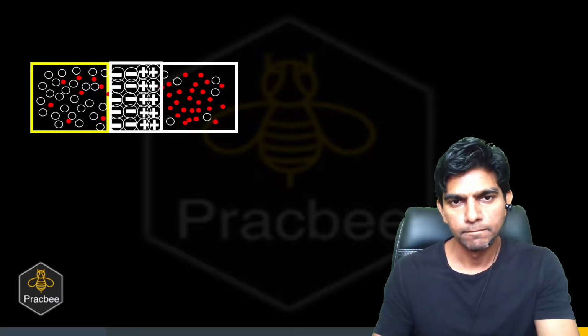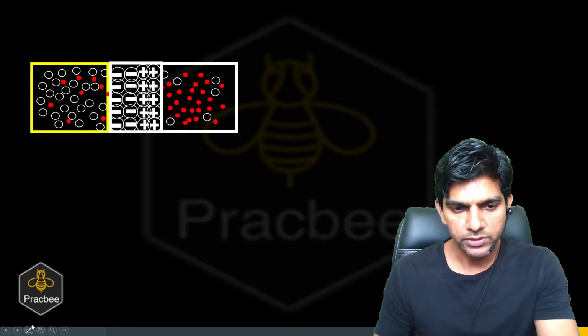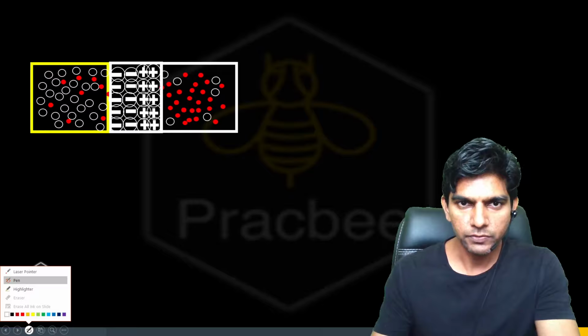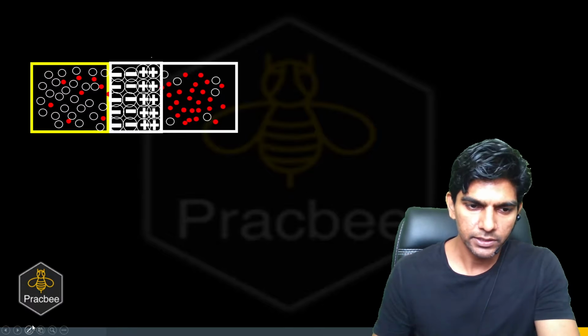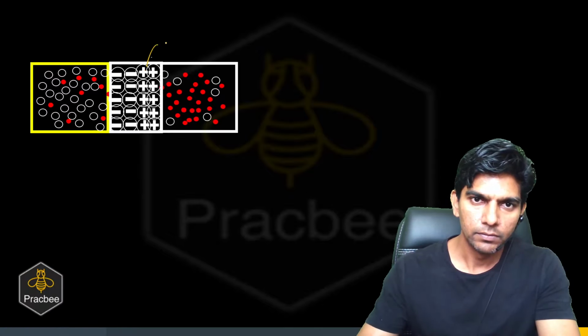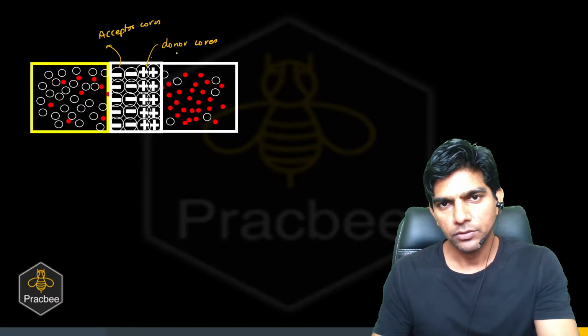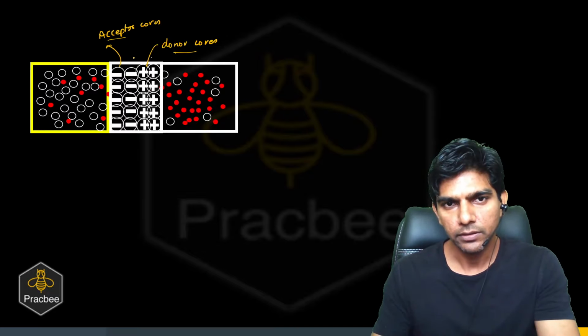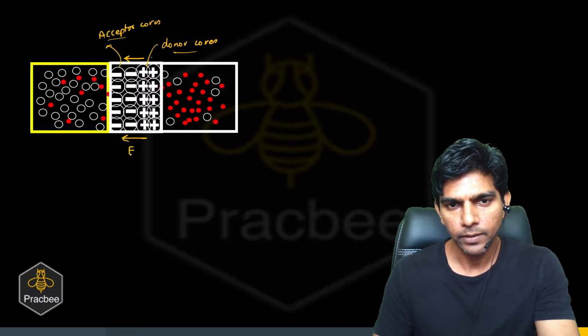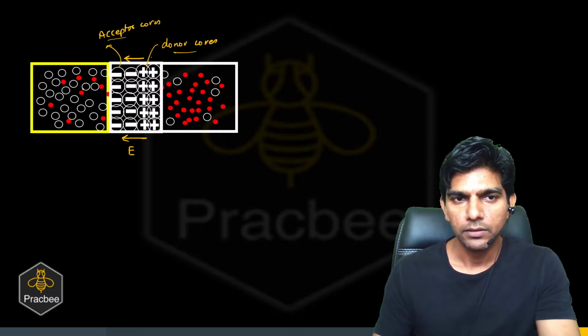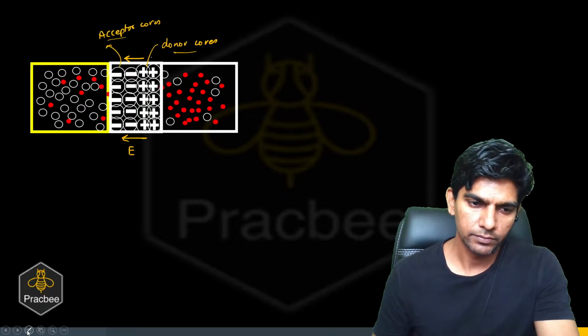So what happens as the migration starts, we can say there will be positively charged cores, or you can say the donor cores will be left on the N side. So these are donor cores and these are acceptor cores. Can you see? Now due to these donor cores and acceptor cores, there will be a field from the right to left, and due to this field, it will be difficult for the majority carrier to move from one side to the other.